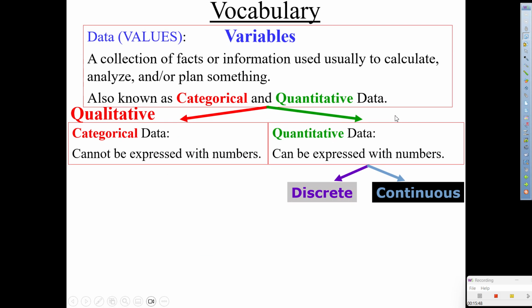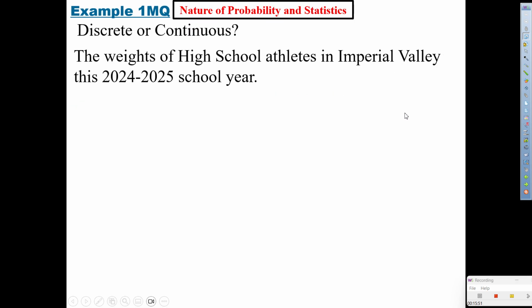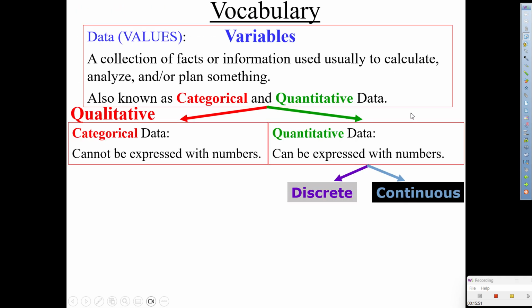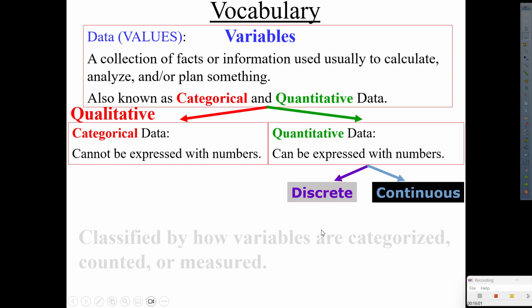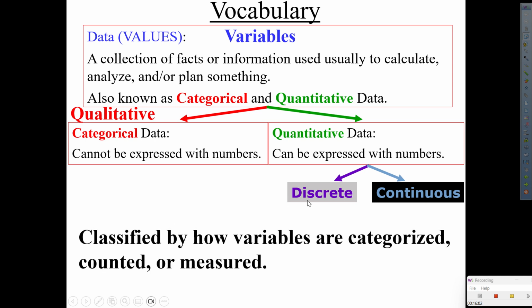Let's continue. Look up, please. Continuing on now with our discrete versus continuous, we're going to find a way of classifying the data that we collect. Once again, when we collect data, there are different classifications or different ways of categorizing the data.